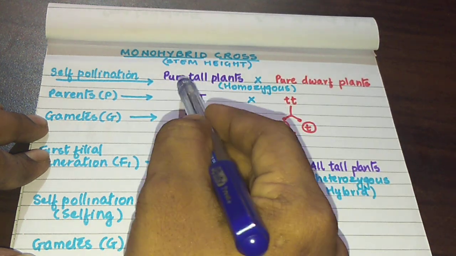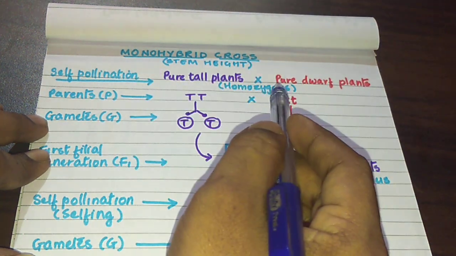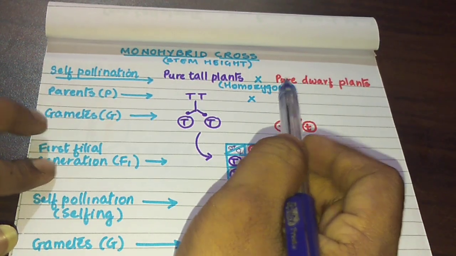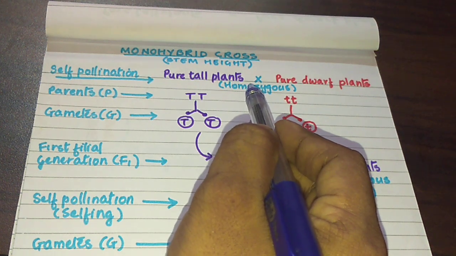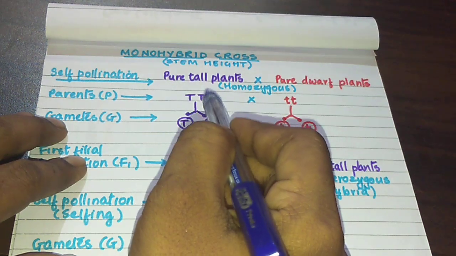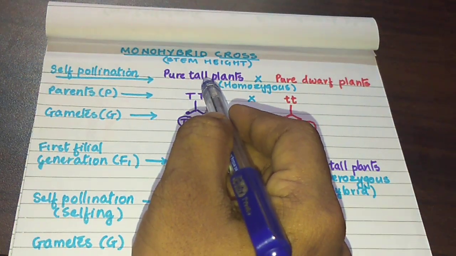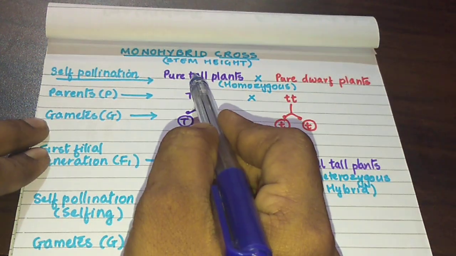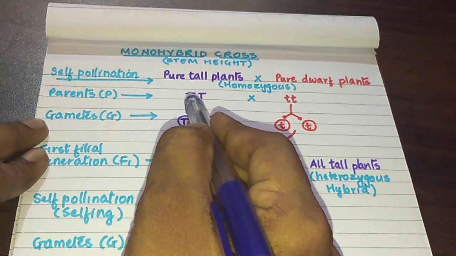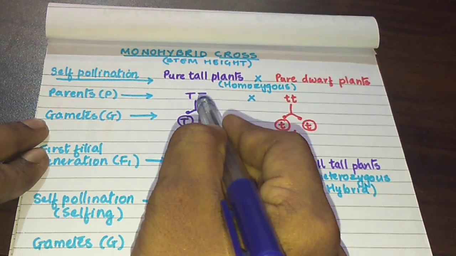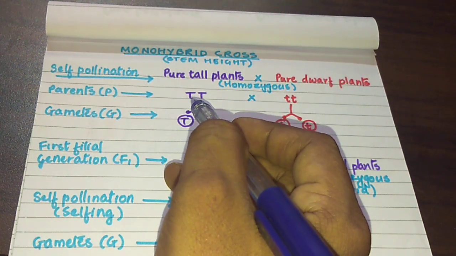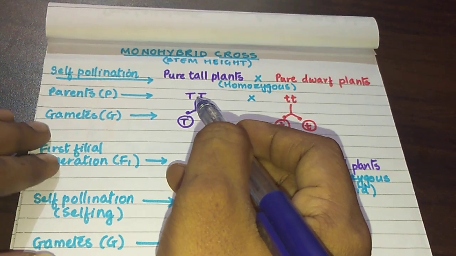Now since they have undergone self-pollination repeated times in order to get these pure forms, we can call them homozygous. Now as we already have discussed, it is convenient to use alphabets in order to denote the tall plants or dwarf plants. So since tall plants are dominant over the dwarf plants, we will use capital T, and we have to write it in pair, because again we should remember that these genes are in pairs or alleles on the homologous chromosomes.